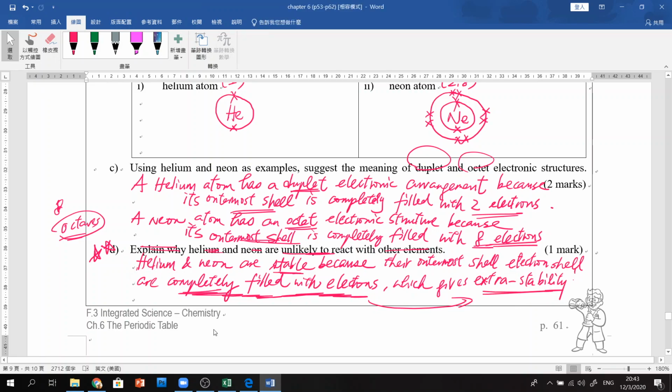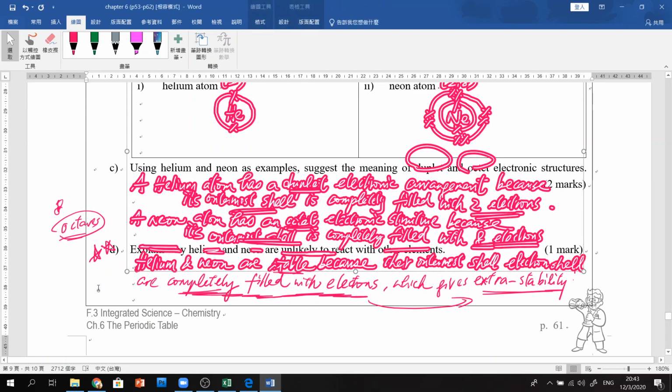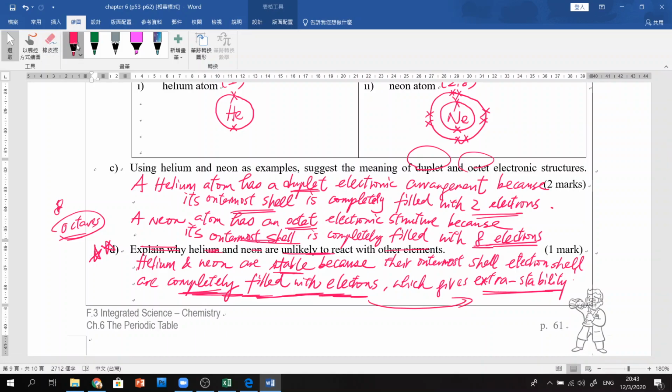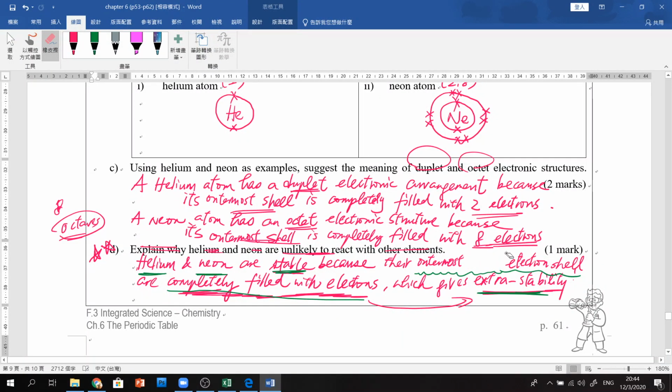Helium and neon are very stable because the outermost electron shell is complete. Remember, you need to write down outermost electron shell. They are completely filled with electrons, so they will give extra stability. So this is what I would like to remind all of you. Outermost electron shell. Okay, so this is what I would like to talk to you about group 7, halogens and noble gases.